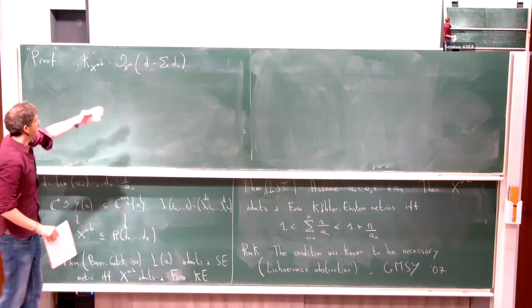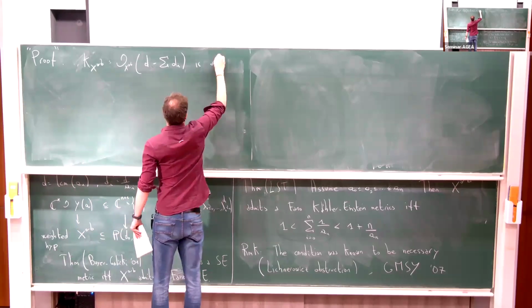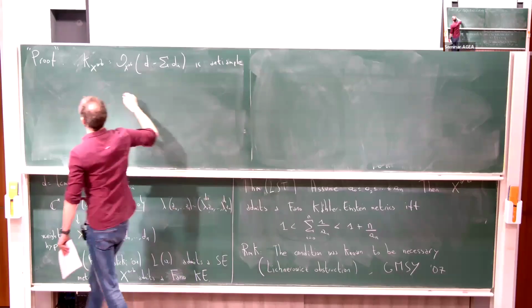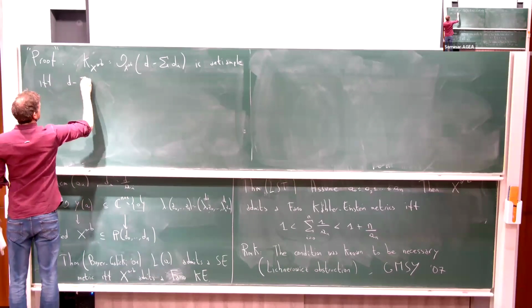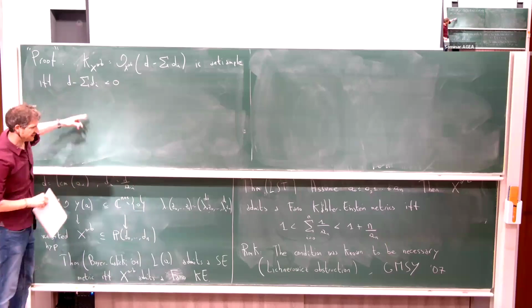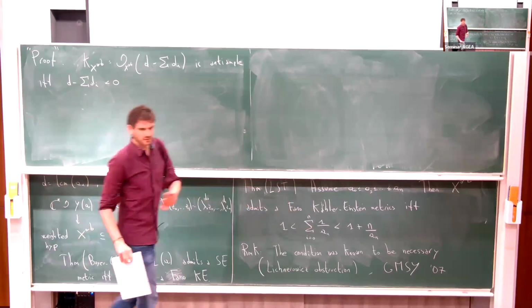And this is negative, so it is anti-ample if and only if this is negative, and you divide by D, and you get exactly this condition. Okay, so this is trivial.